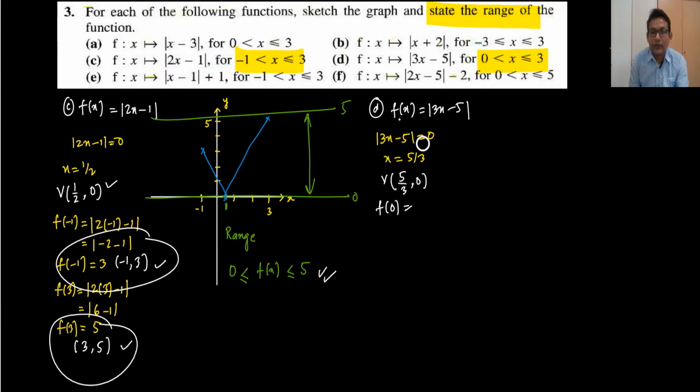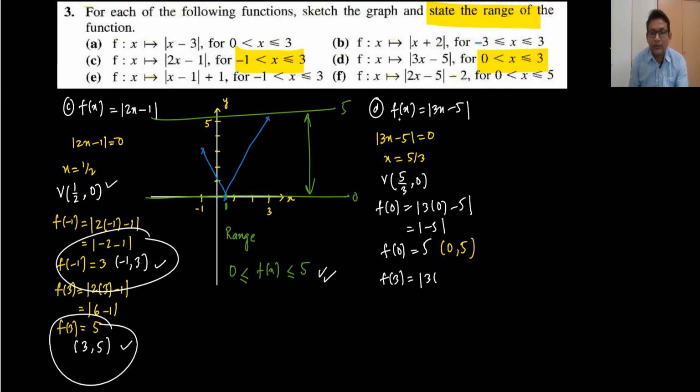Now I will substitute f of 0. When we substitute 0, we get 3 times 0 minus 5, which is only minus 5, and when we remove the modulus it becomes 5. So the coordinates are 0 comma 5. The next step is to use f of 3.